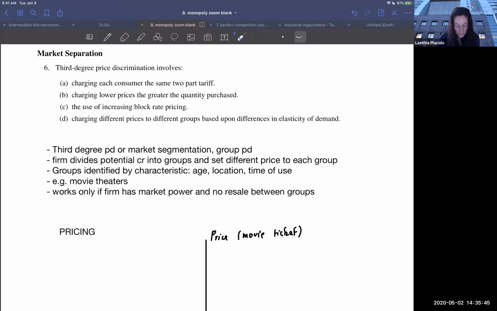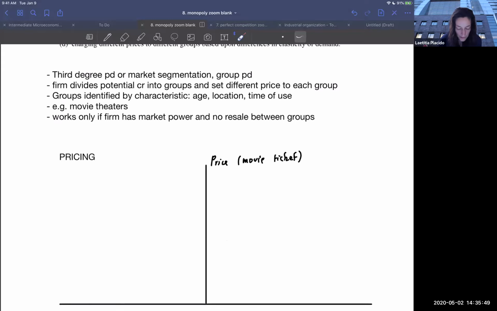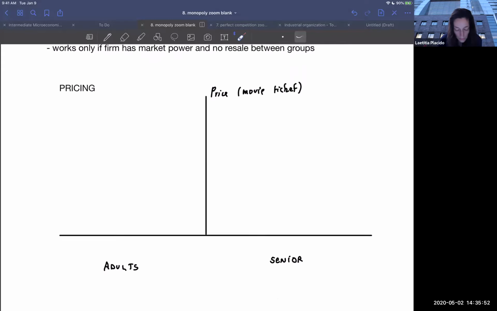All right. So that's for the basics about third degree price discrimination. So now, what about the pricing?